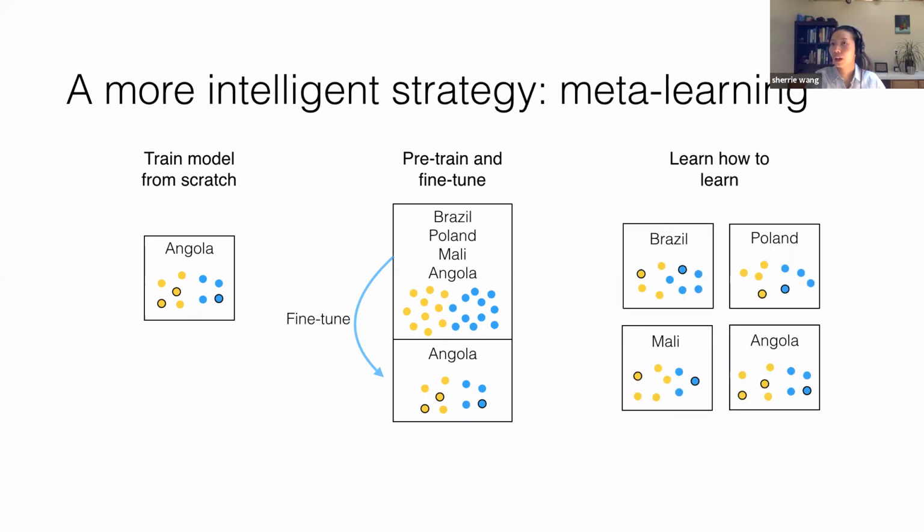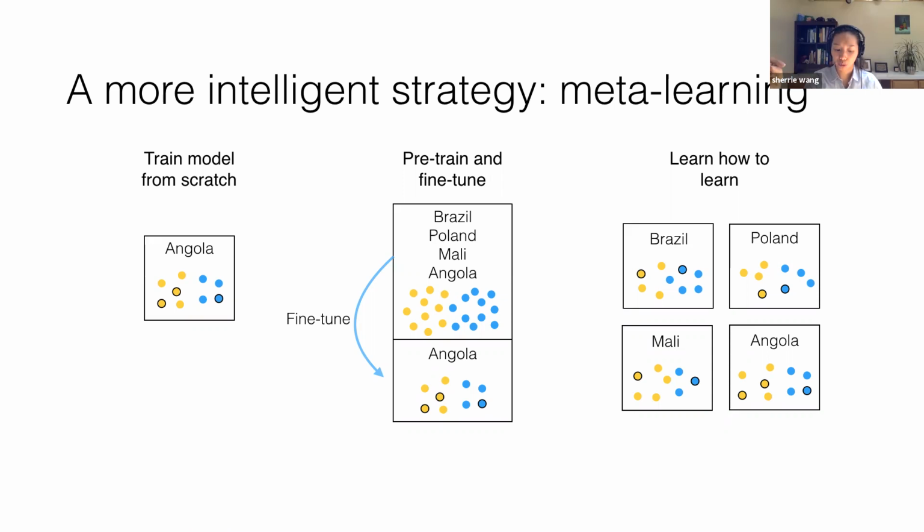An even more sophisticated way of going about transferring knowledge is, instead of just throwing all your data into one soup and then training your model, you can mimic the setting that you would encounter in Angola and then try to train a model or find a way for the model to do well in that setting. So even though we have, let's say, tons of data in Brazil and Poland and Mali, we can subsample smaller tasks from these regions where we limit the amount of data that we have access to.